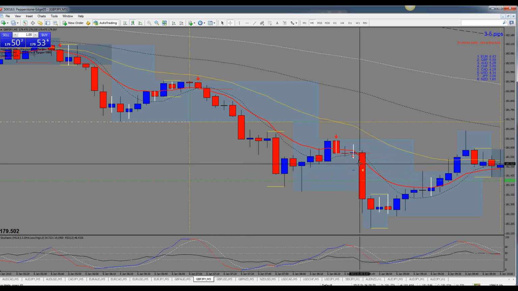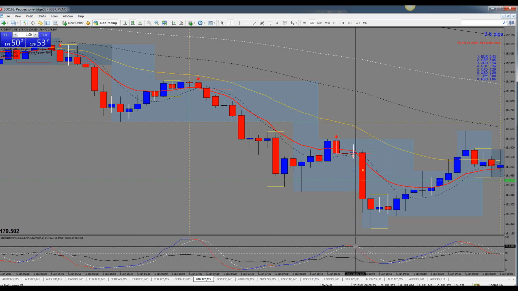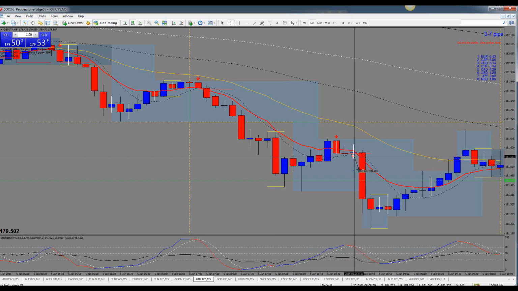There's my confirmation on my RSI, below 50, and my stochastics has turned red and crossed over right there. You see where it's come down? So I'm in that trade, and that was 6.6 pips, almost 7.